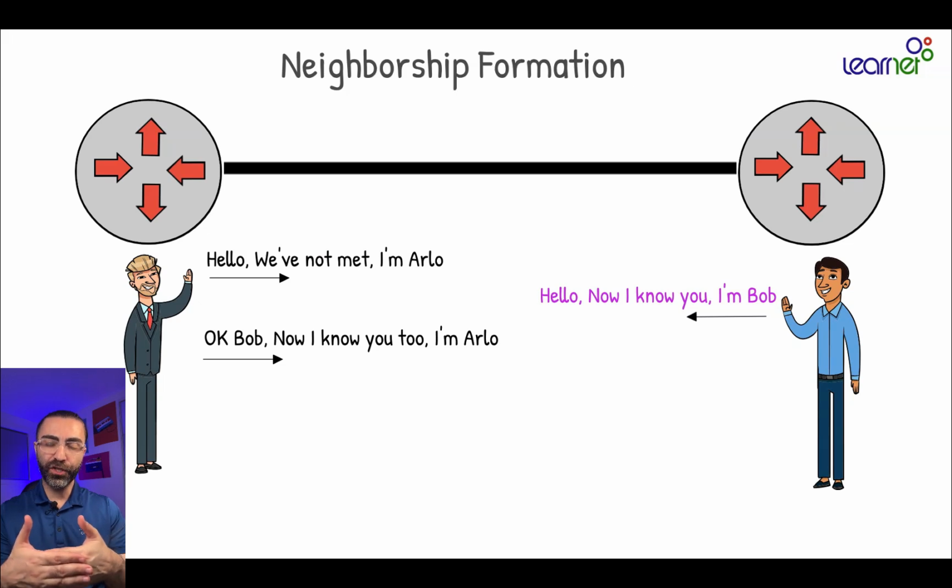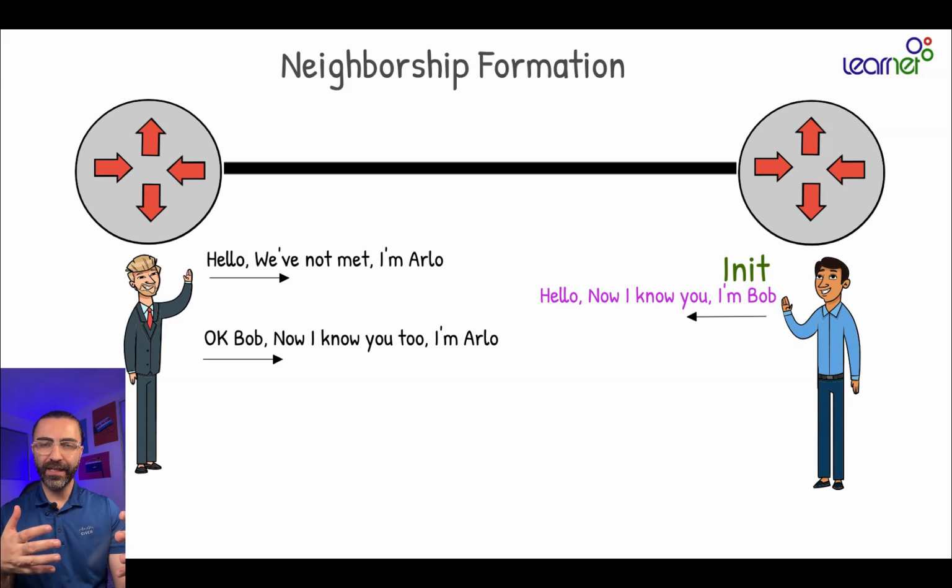This neighborship has different states based on this conversation and the ones in the next slide. These states are very important for OSPF troubleshooting. When they start the conversation, the state goes to init, which means initialize, so they are initializing this neighborship.